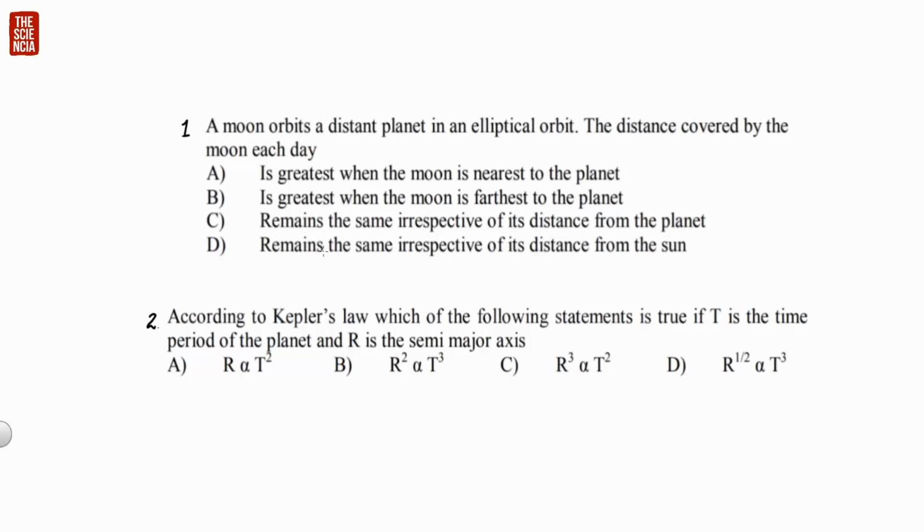These are previous set questions, and the first question is, the distance covered by the moon each day is greatest when the moon is nearer to the planet, because then only the area swept will be equal. And the second question, yeah, definitely it is r cube proportional to T square.